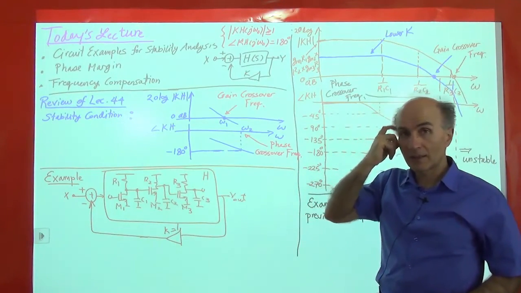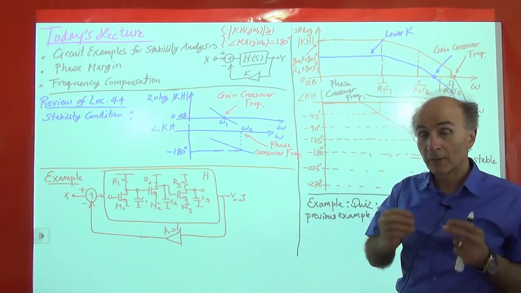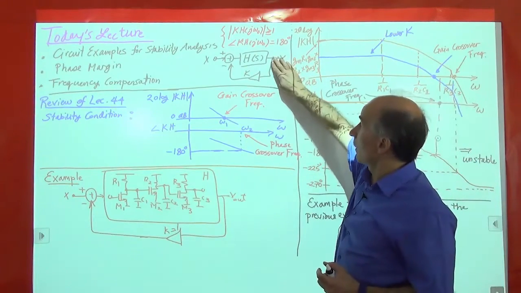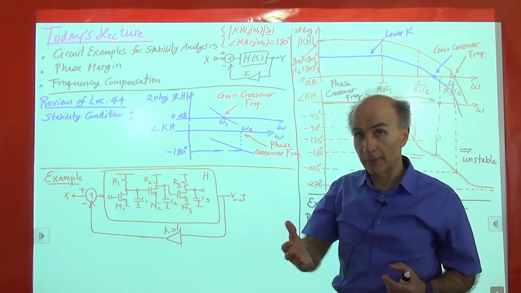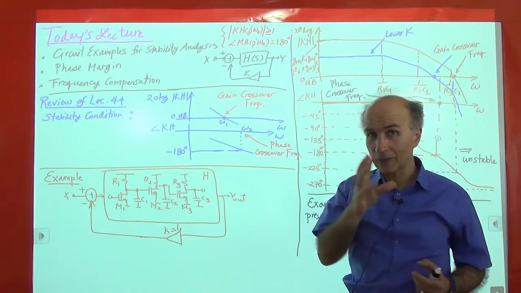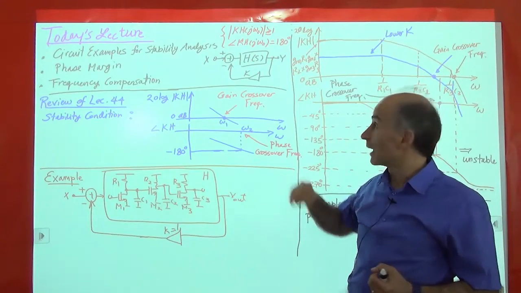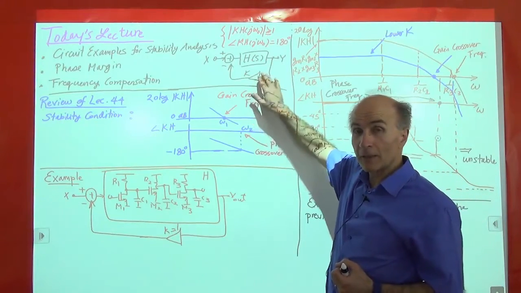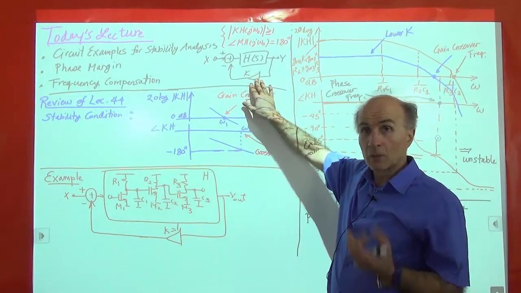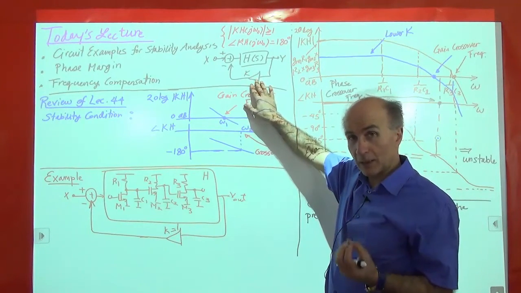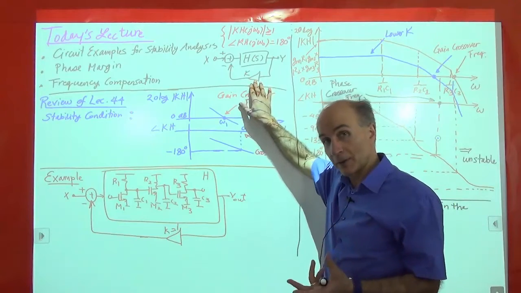So one approach to stabilizing a negative feedback system is to reduce K. K determines the strength of feedback. If K is 1, we are returning all of the output back to the input. It's a very strong feedback loop, right? It wants to make the output an exact copy of the input. If we reduce K, if we make the feedback weaker, we are reducing the loop gain, right? We reduce the loop gain, we make the feedback weaker, and the system becomes more stable.